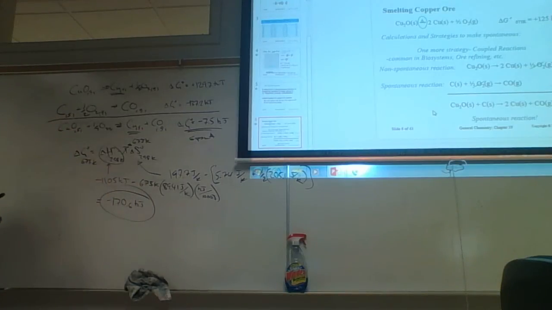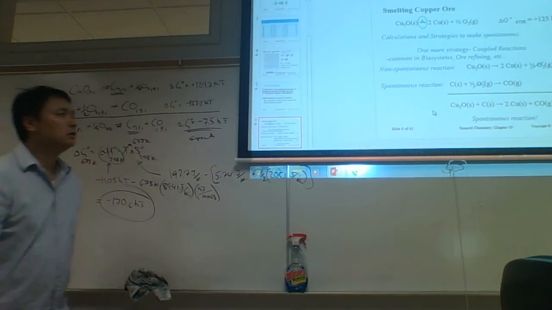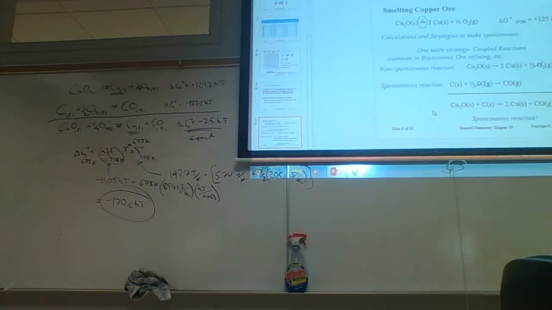How can you make this more spontaneous at room temperature? You can make it more spontaneous at room temperature by using a better fuel. Right now we're using coal. This is generating minus 137.2. But what if we use something like hydrogen gas?